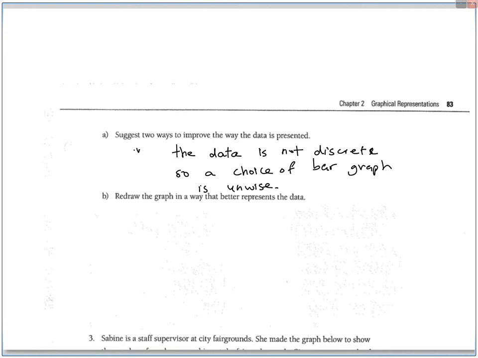You guys want to do the line graph? I don't want to. Okay, so let's just, want to just sketch it out? Let's just sketch it out.